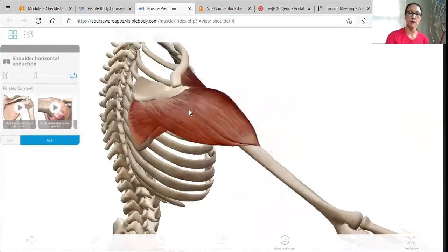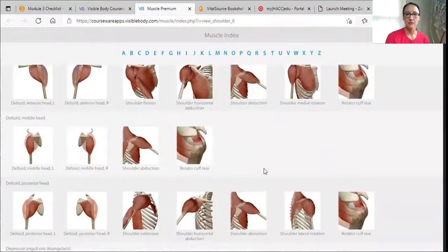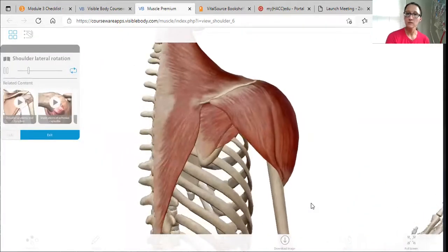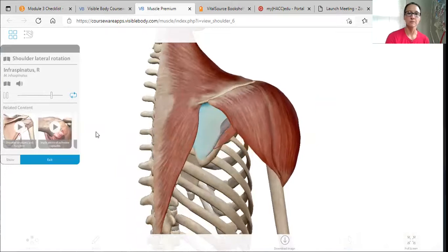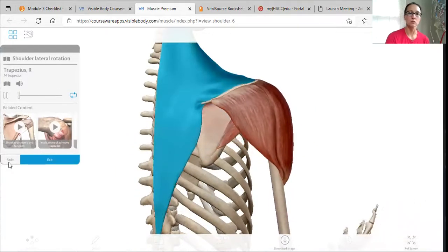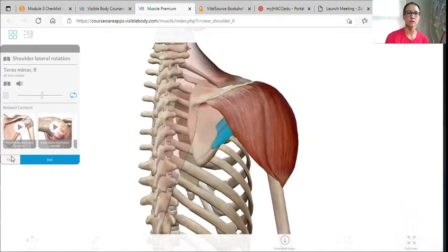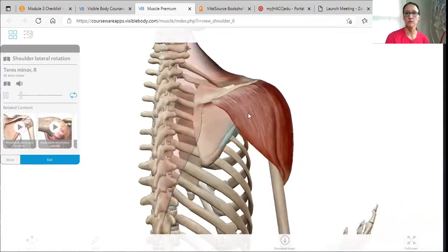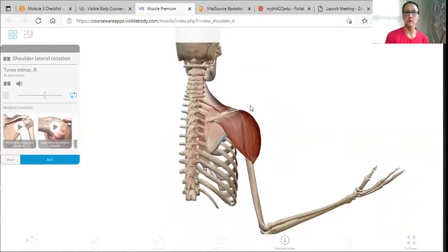Goes all the way back. And we have lateral rotation of the shoulder as well. And I'm going to fade some of these because I want you to see the whole scapula here. There you go. I'm going to fade that little guy. There we are. So here's posterior deltoid in lateral rotation. There you go.